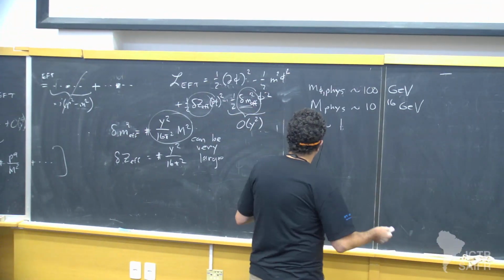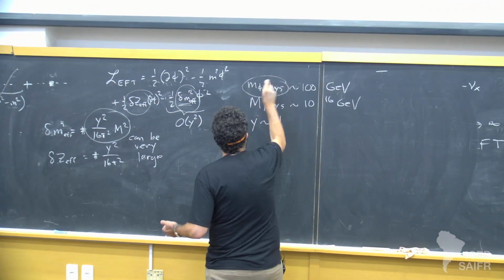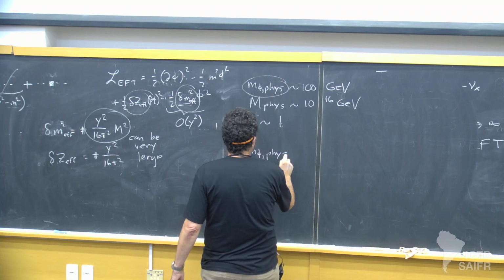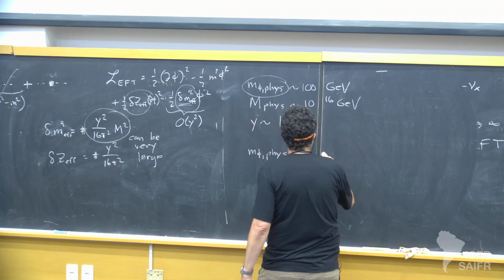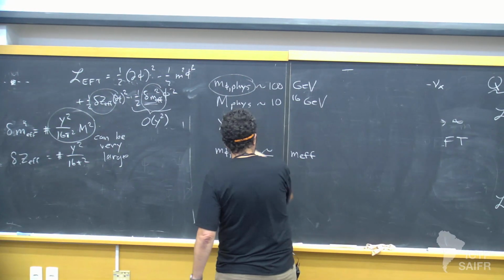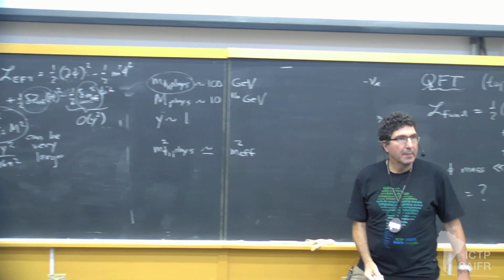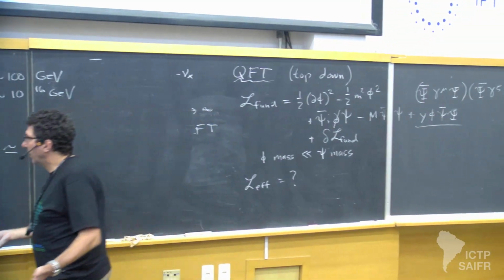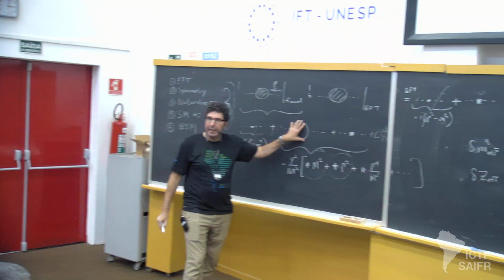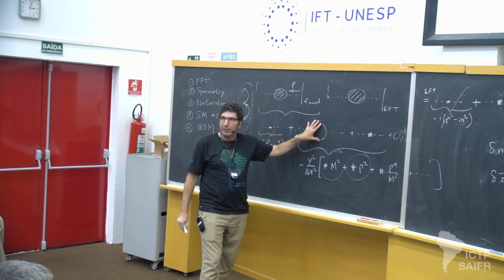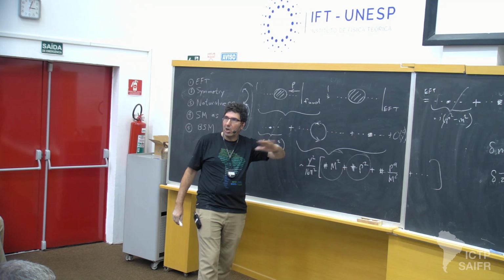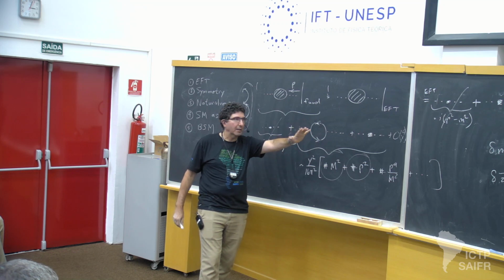So now, let's think about this. What I claim is that m phi physical squared is very well approximated by the mass parameter in the effective theory. The reason is that once I've integrated out this big, bad fermion, there are no more large corrections inside the effective theory. They're gone because the big, bad fermion is gone.